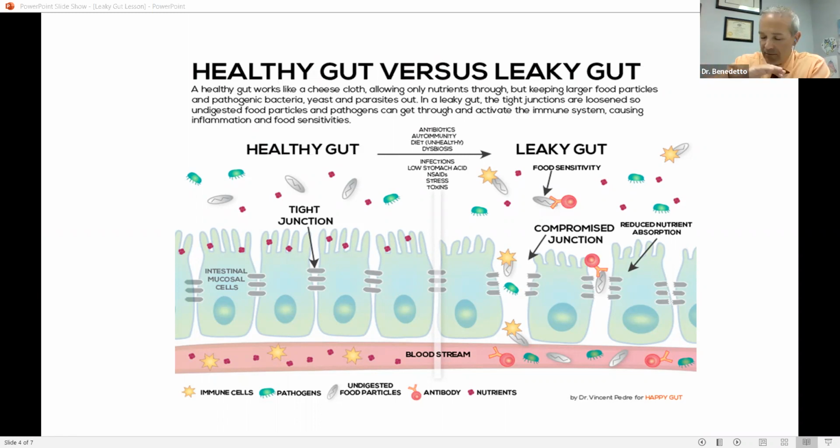The research, the literature doesn't show that. It shows that leaky gut can contribute to all of these things, right? Through this chronic inflammatory mechanism, as well as the immune dysfunction that it can cause.